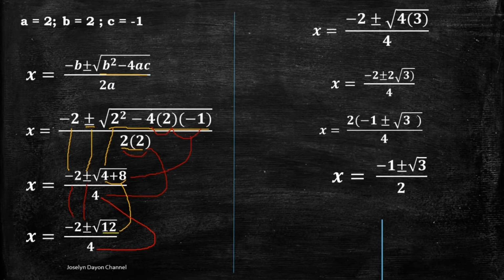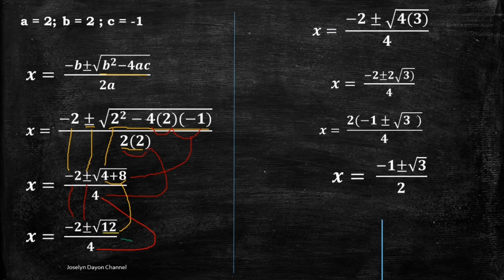But if you have observed, 12 is not a perfect square. So meaning to say, there is no square root of 12 that is an integer. So what we are going to do is simplify the square root of 12. We have to factor out 12 where one of the factors is a perfect square.